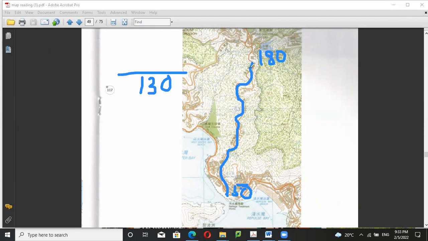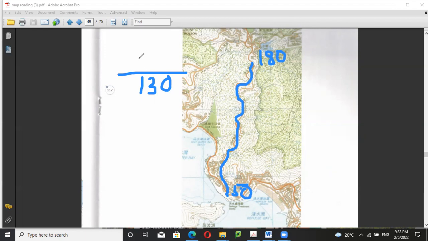How about the horizontal? We measure this length, and it should be around 13 cm.